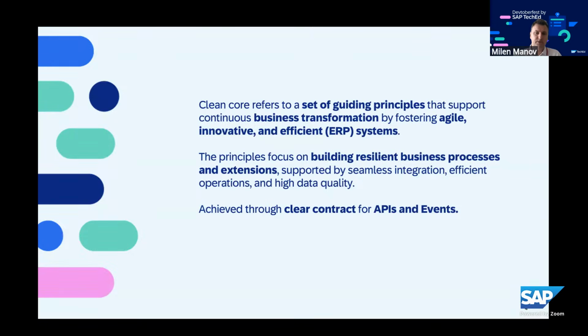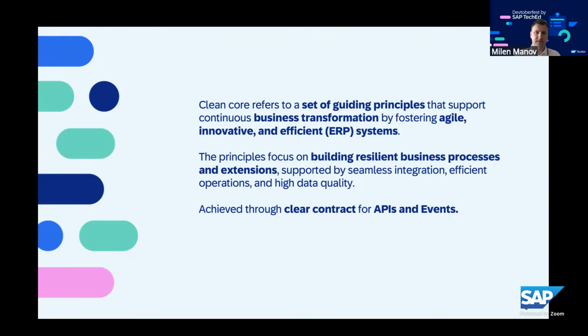Or your extensions within the solution can bring new security risks, like unintentionally exposing more than you wished for, or compromising the data. That's why the clean core strategy states: do your extensions side by side, not in the SAP application itself.